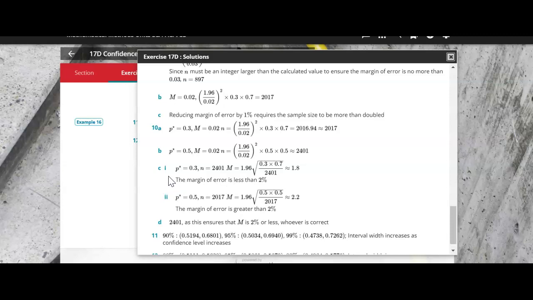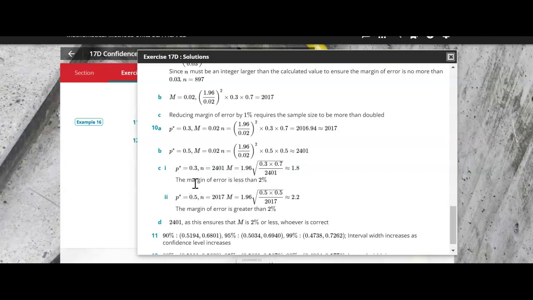Okay, so what we're doing first is if Bill was correct, so he said the sample proportion was 0.3, but we switched the value of n this time to be 2,401. So we recalculate M. So before M was 2%, and this time it comes out as 1.8.